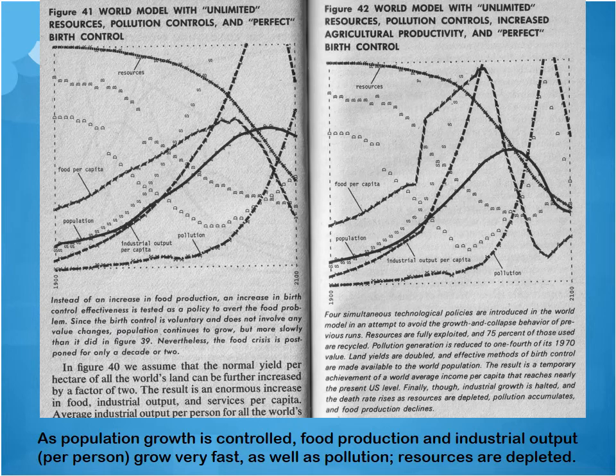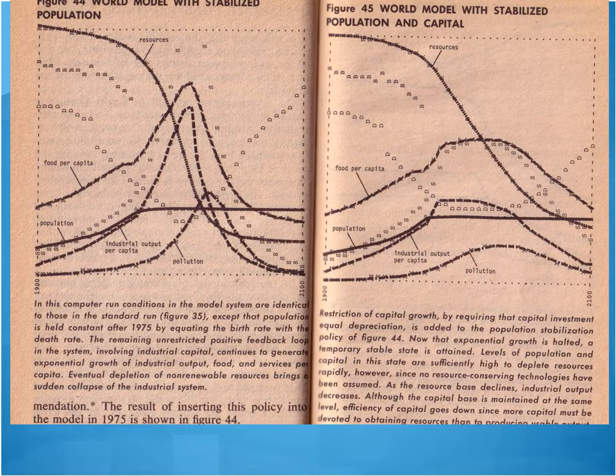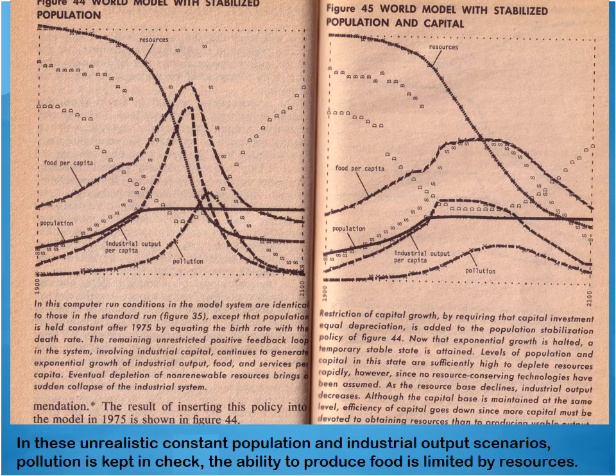And then the nice thing is that you can start looking at all these different scenarios, and these two I think are a little bit unrealistic because these are scenarios in which you have what's called a stabilized population. So this is a situation where, by some magical rule, you're able to say, okay, we will grow world population to this level and stop.